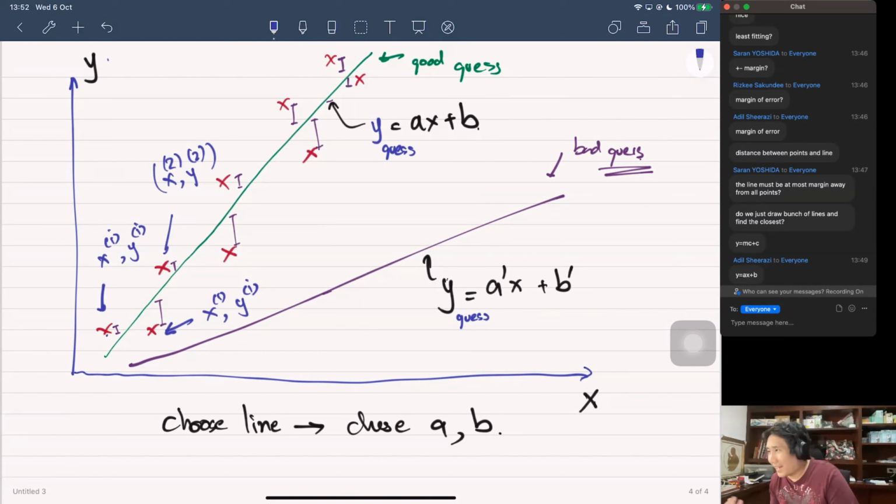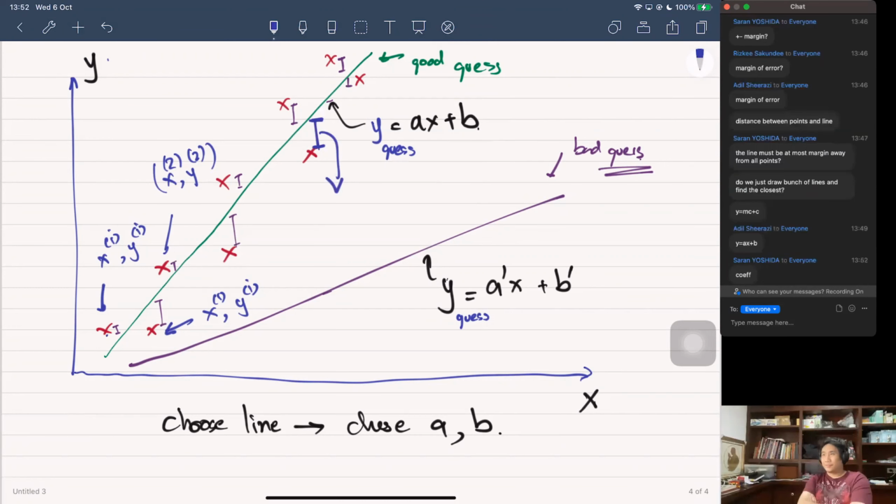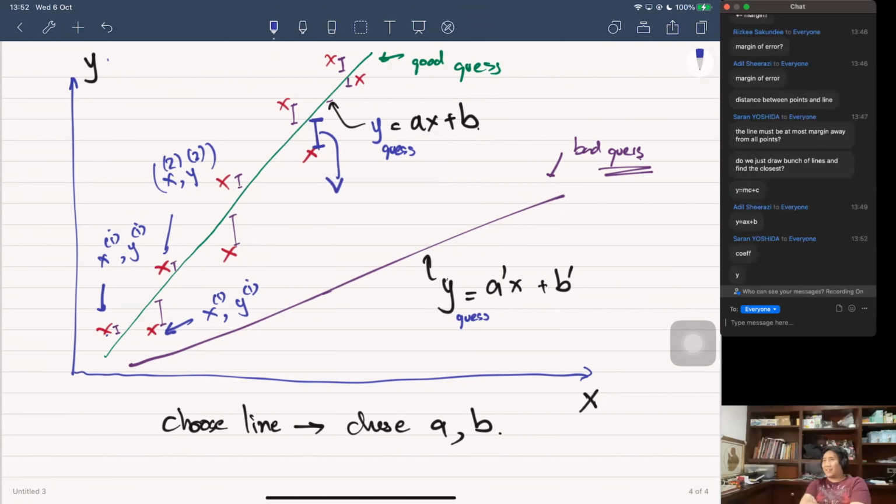The idea here is you have a bunch of data points and you have a line. You want to compute the distance between the point and the line. Physically, what do you do? How do we find this distance?